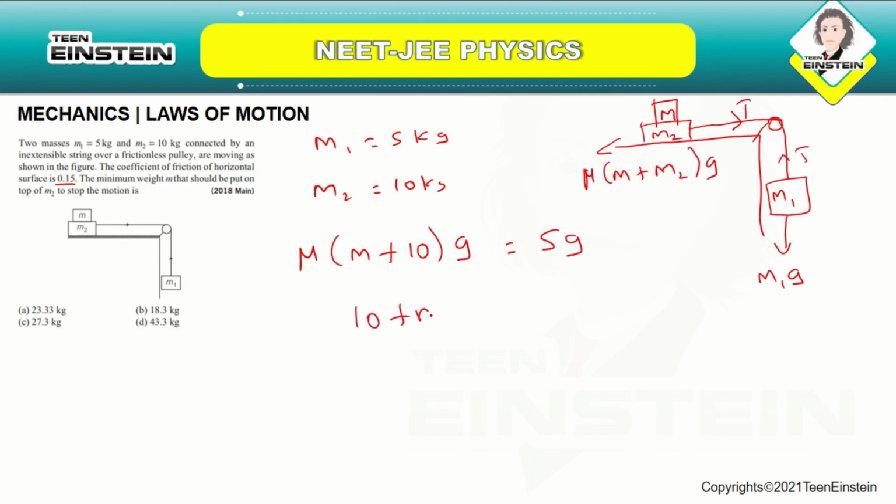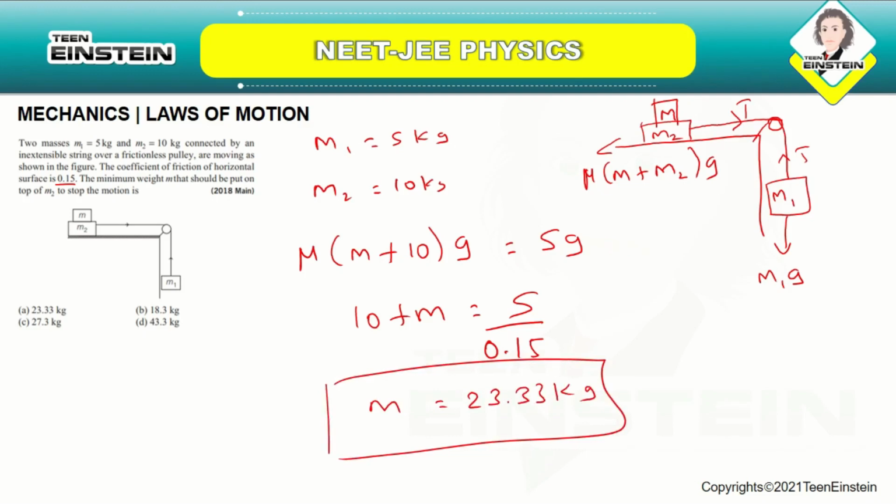So 10 plus m is equal to 5 by 0.15, and if you solve this you will have m is equal to 23.33 kg. So this is the weight which should be added on the top of m2. Around 23.33 kg has to be put on m2 to stop the motion of it. So the correct answer is option number A.